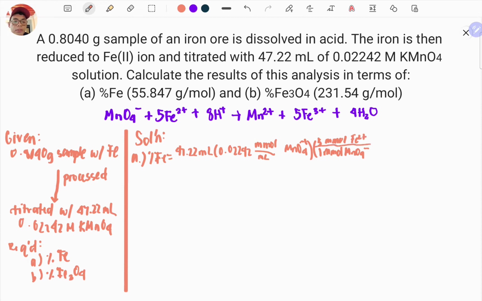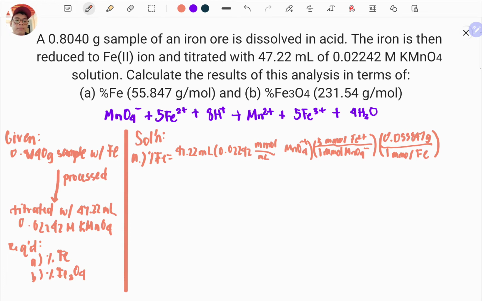Since we have millimoles, we can use the molar mass to convert this into grams. Iron is 55.847 milligrams per millimole. Again, I want grams. So I'll just convert that directly by moving the decimal point 3 steps to the left. So for every 1 millimole of iron, there should be 0.055847 grams.